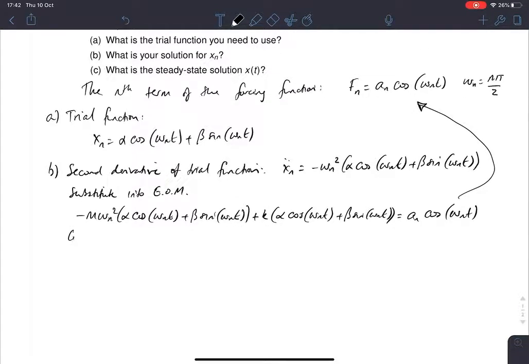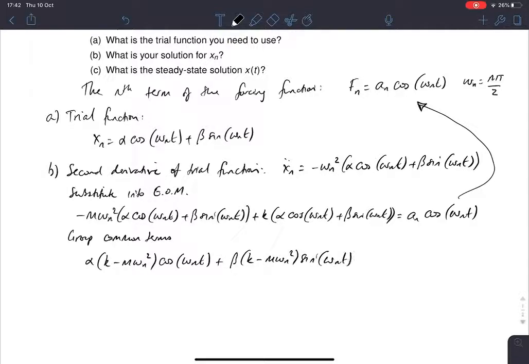So let's group the common terms. We've got alpha times k minus m omega n squared times cosine omega n t, plus beta times k minus m omega n squared times sine omega n t, equals a n cosine omega n t.